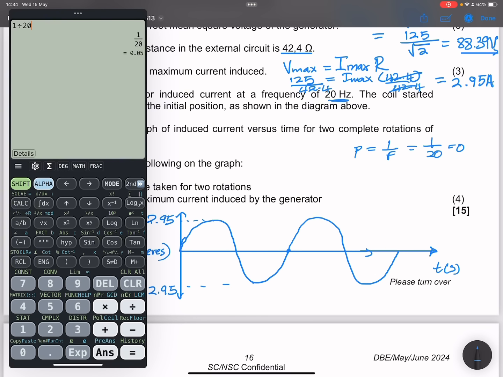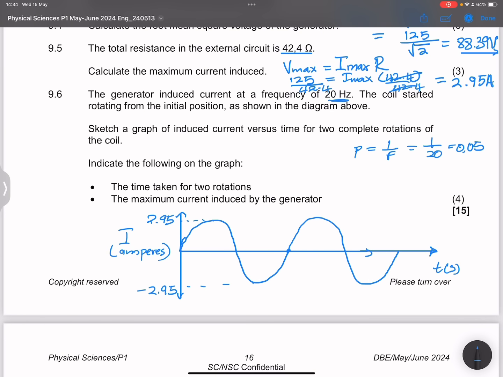So that's 0.05. And so they say the time taken for 2 rotations, so that's 0.05 multiplied by 2, that's 0.1. So the time here should actually be 0.1 seconds.